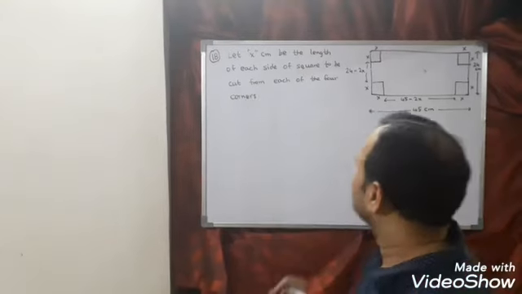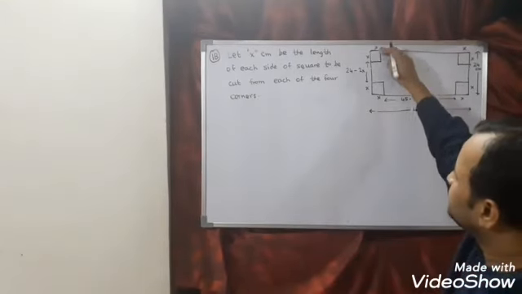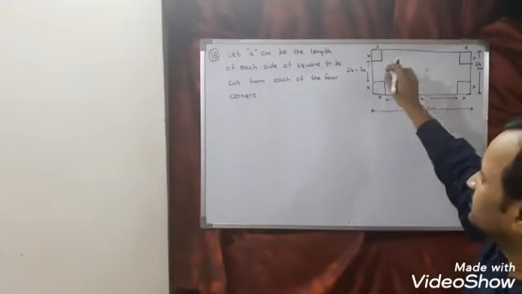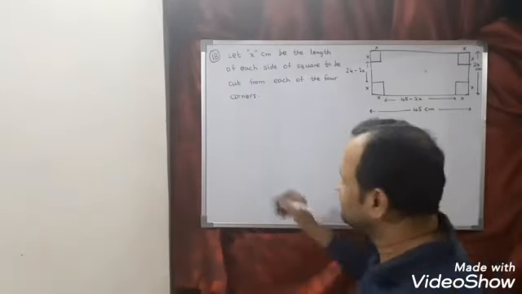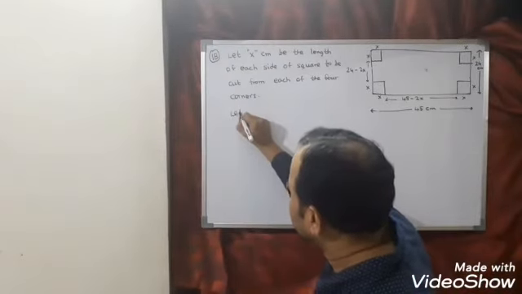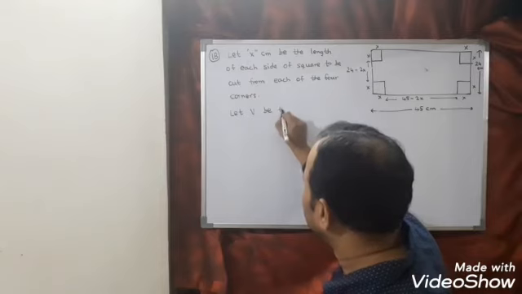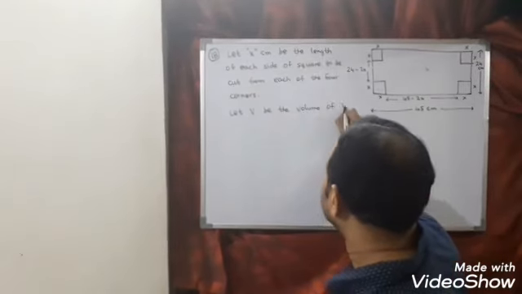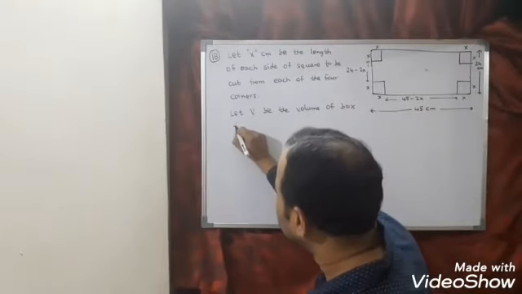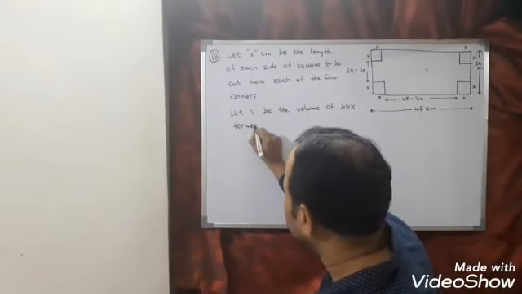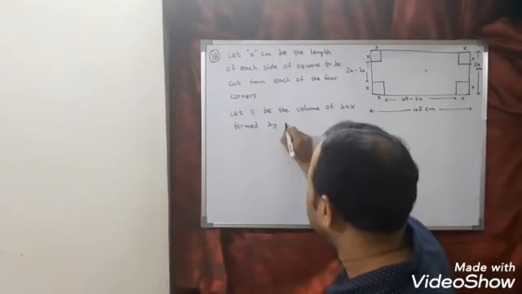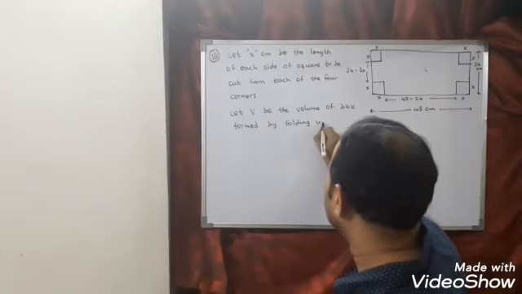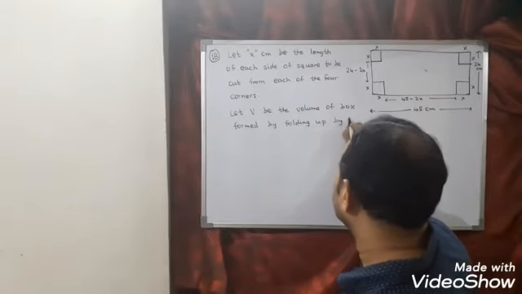Let x centimeter be the length of each side of the square to be cut from each of the four corners. Let V be the volume of box formed by folding up the flaps.